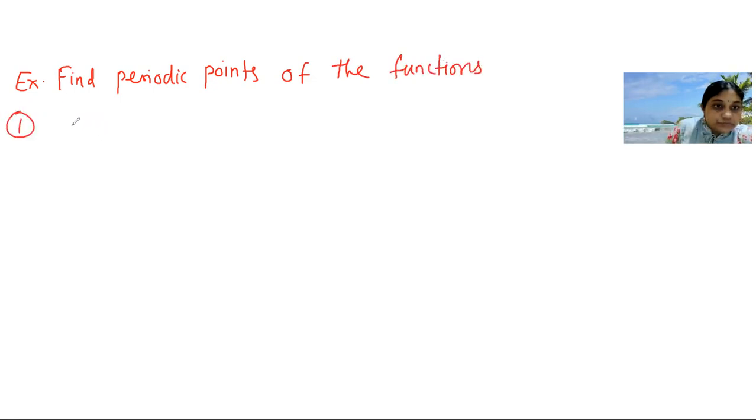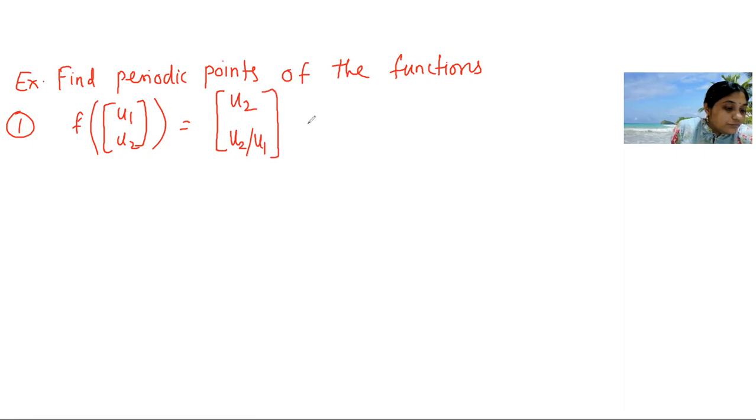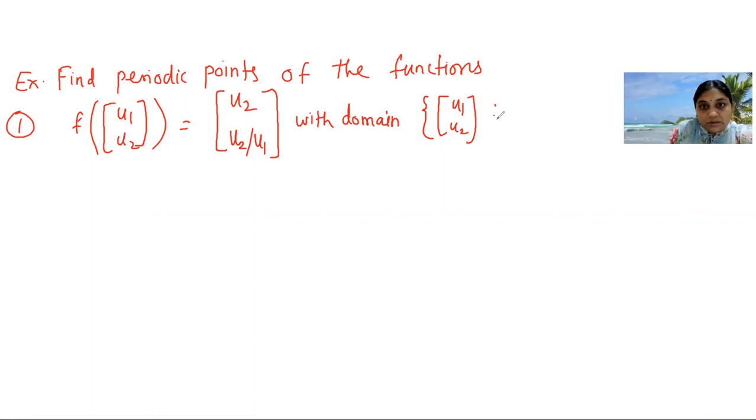One, f of u1 u2 is equal to u2 and u2 by u1, with domain u1 u2 all ordered pairs except 0, that is u1 is not equal to 0, u2 is not equal to 0.